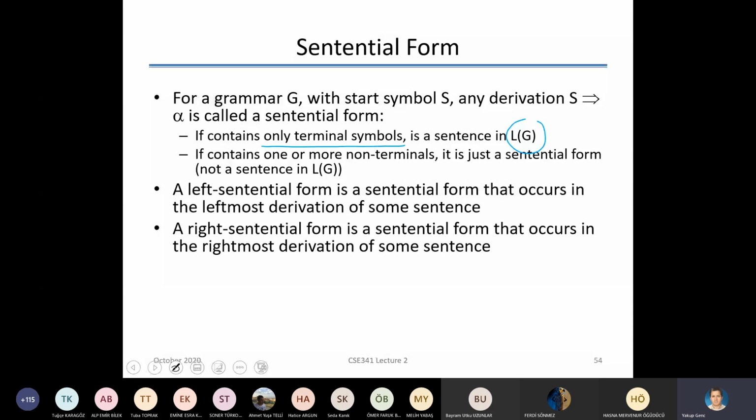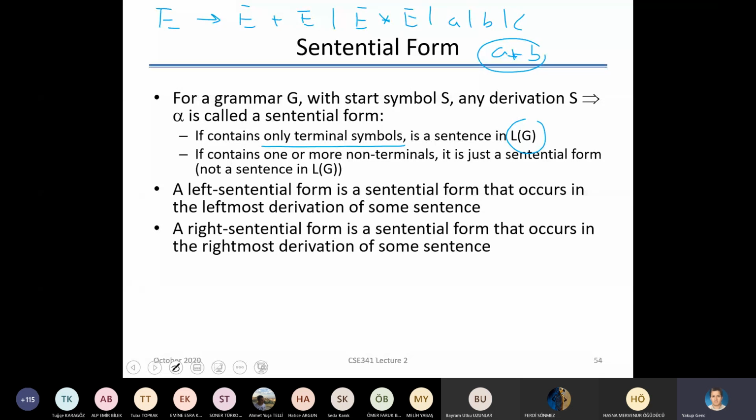Okay, so I have a given sentence, hopefully part of the language. Let's say, as we said here, E goes to E plus E, and E times E, and A and B and C, right? So when I parse A plus B, it is part of this language expressed with this grammar.